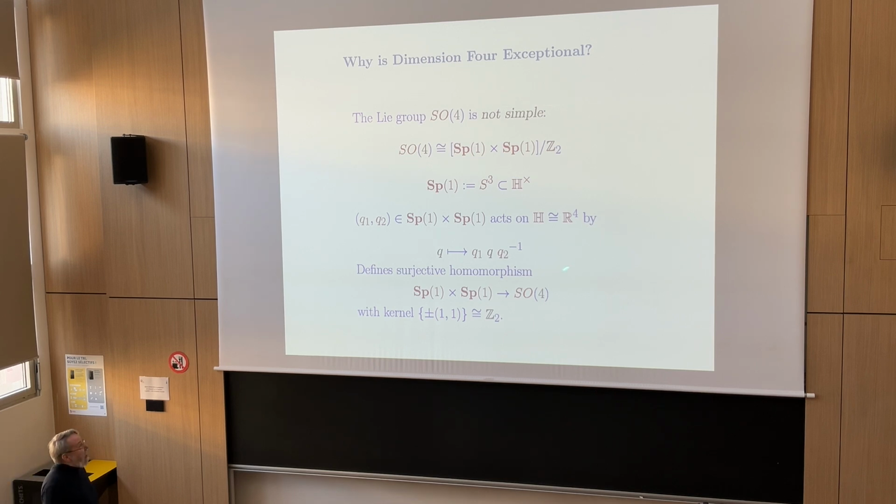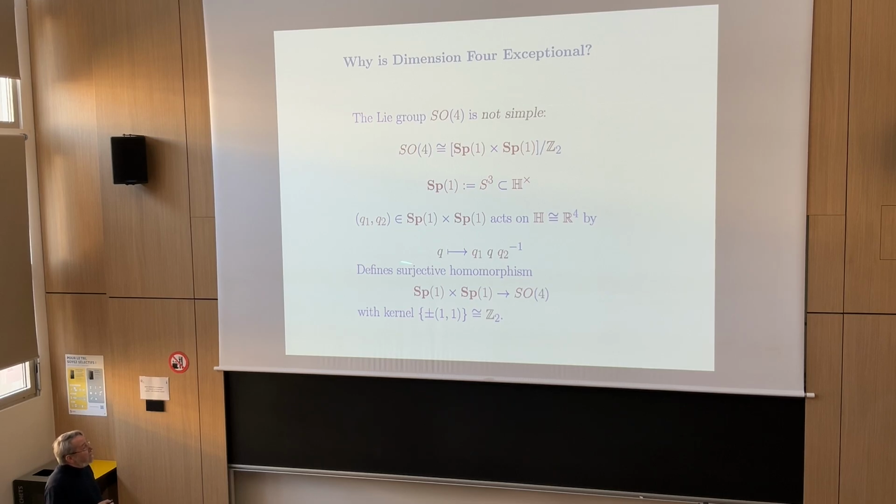And there is a nice action of SP1 times SP1, with pairs of unit quaternions, acting on R4, thought of as the quaternions H. What you can do is multiply on one side by the first quaternion, and multiply on the other side by the inverse of the other quaternion.